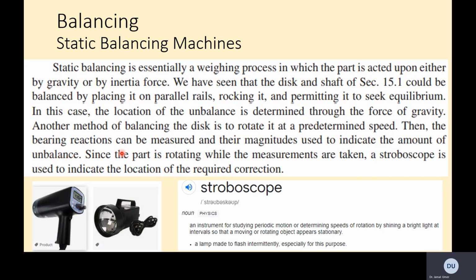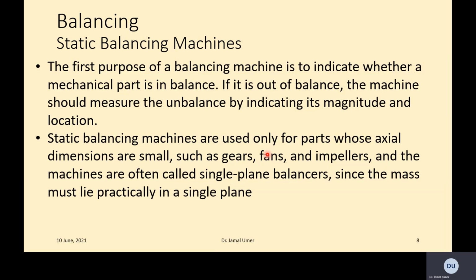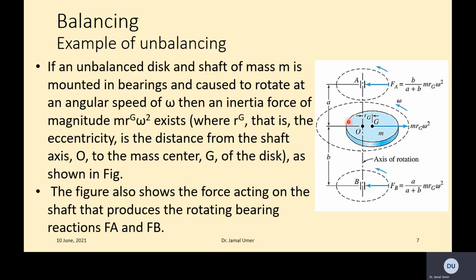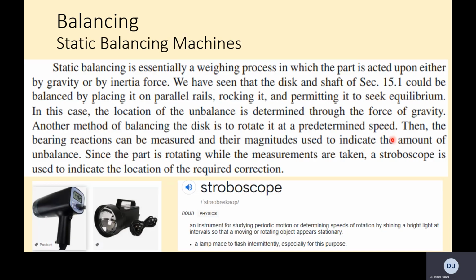So if you got some unbalance, you rotate it and measure the reaction forces at the bearings. The magnitude will give you how much inertia force you have in the system because of unbalancing. That's what you will determine.